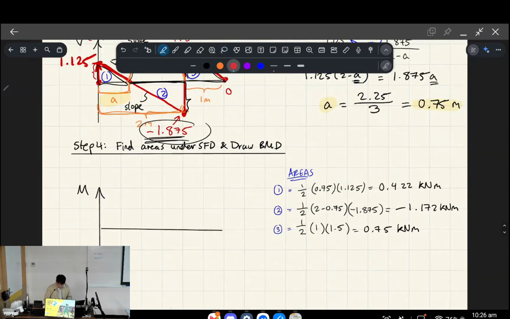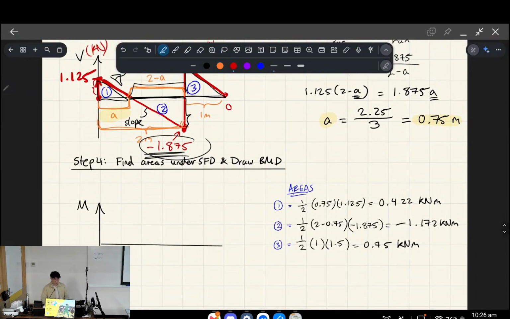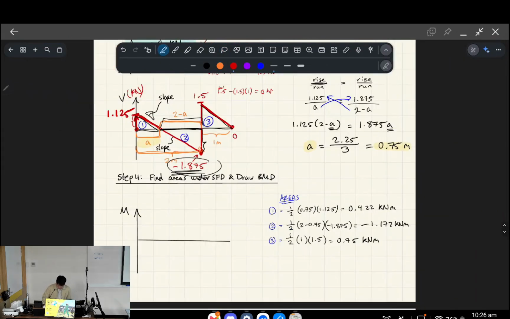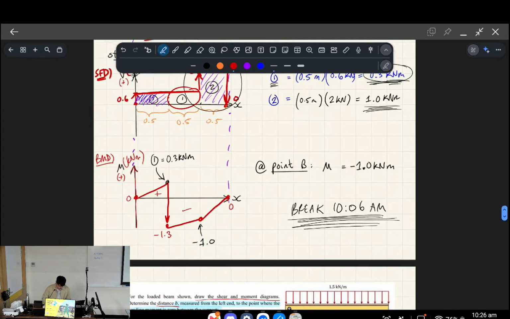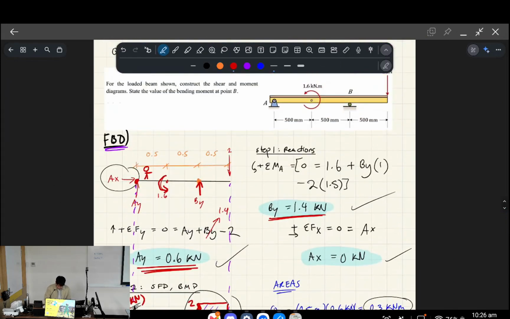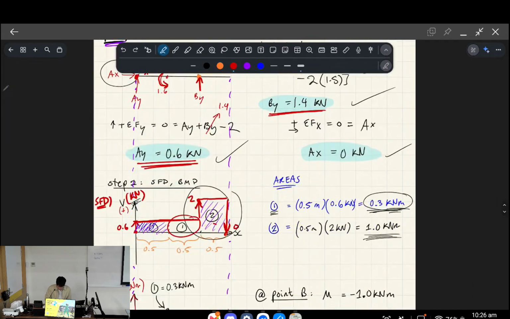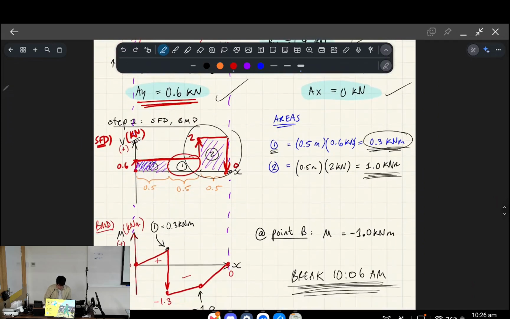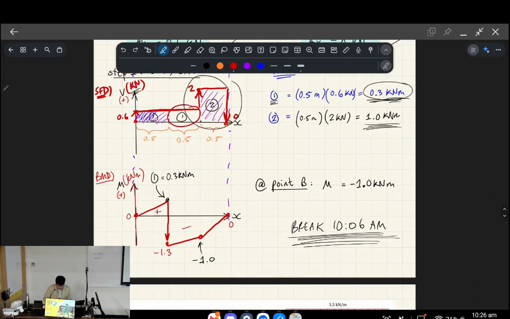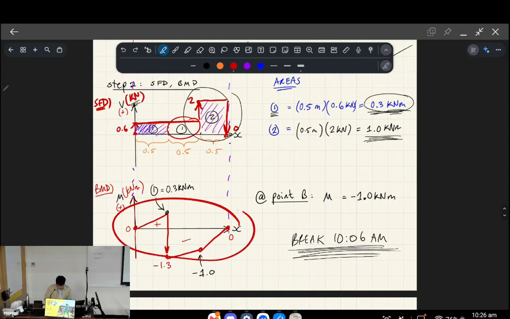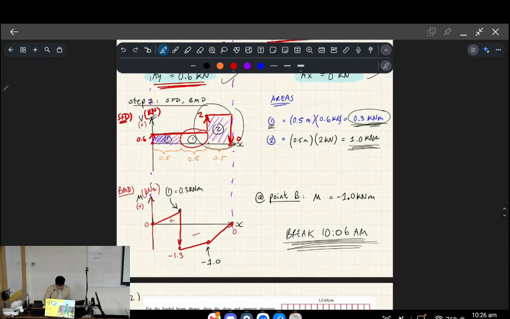So, if you think about the previous question, right? We had essentially no uniform distributed loads on the free body diagram, which resulted in a rectangle for our shear force, or constant shear force, and a linearly increasing bending moment diagram.